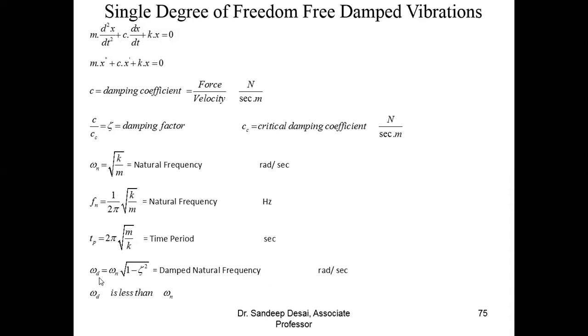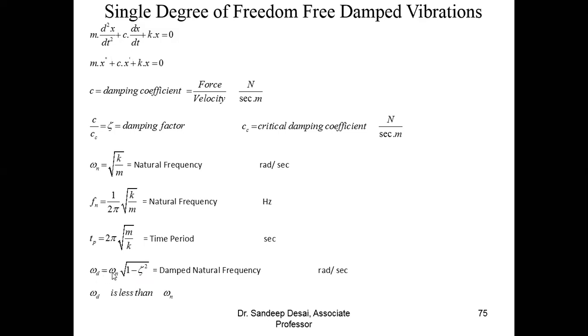This damped natural frequency is a function of the natural frequency of undamped vibrations and the damping factor. If the damping factor or damping ratio zeta is equal to 0, omega d is equal to omega n, as good as vibrations are undamped free vibrations, with the natural frequency of undamped free vibrations. If zeta has some value, the term under root 1 minus zeta square will be a fraction.